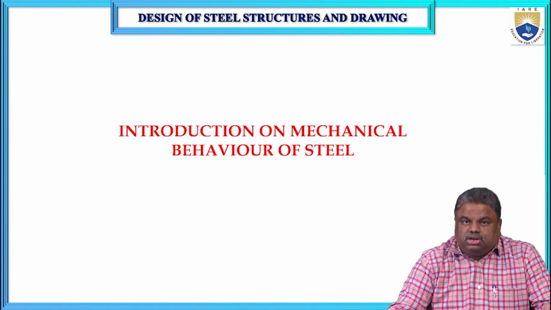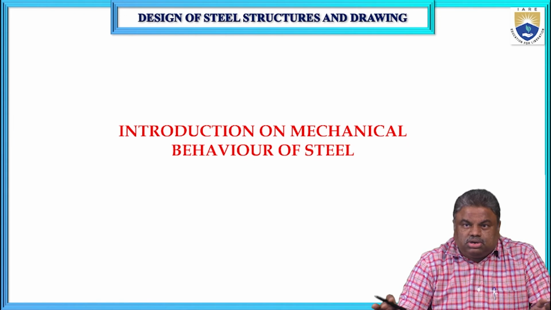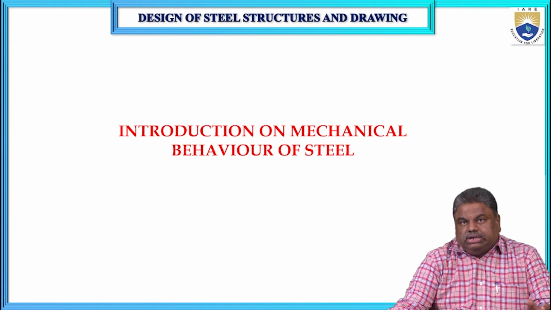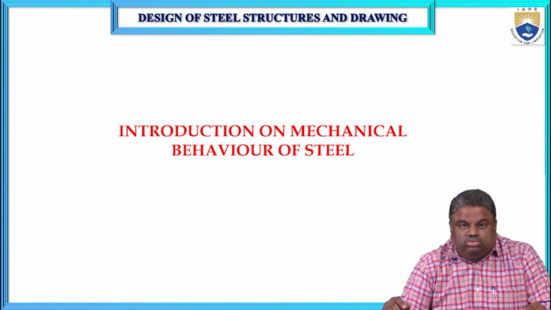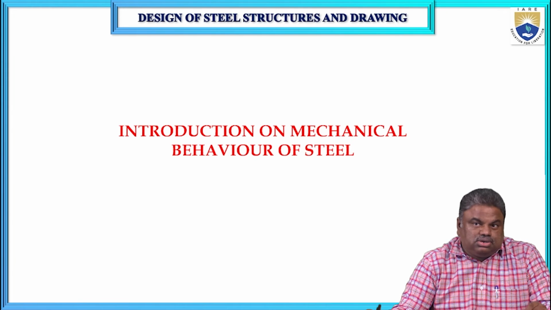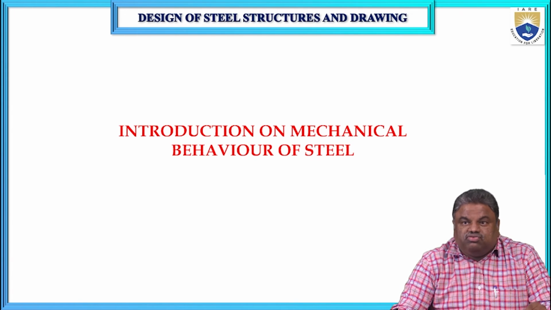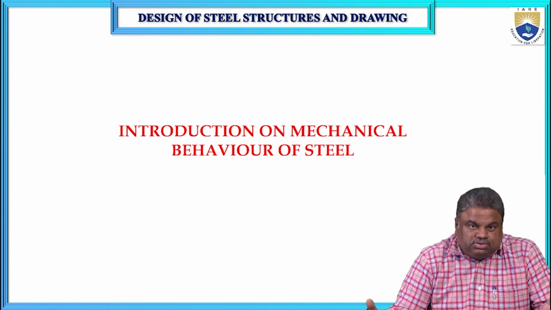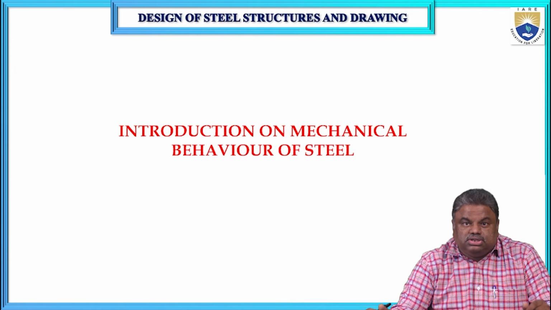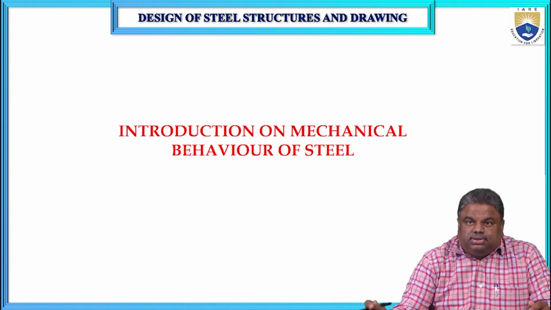It is not included, but as a design engineer, as a structural engineer, you should know how iron and steel are made, what are the different places in India where they are made, and what are the mechanical properties of steel. Those things we'll discuss today.